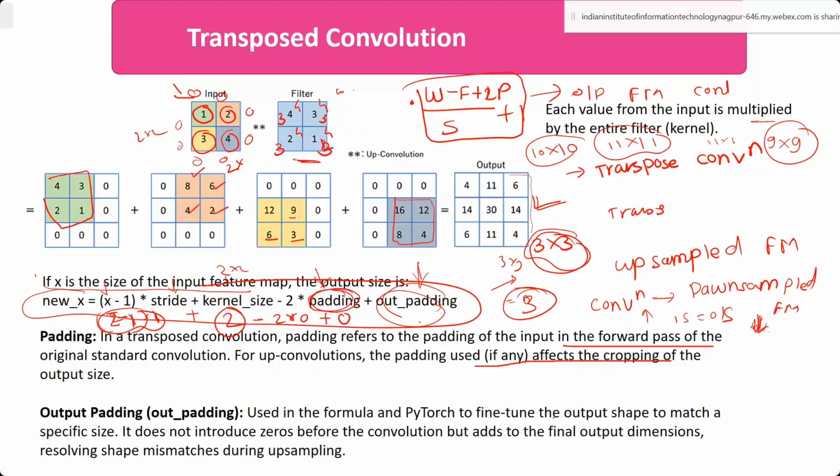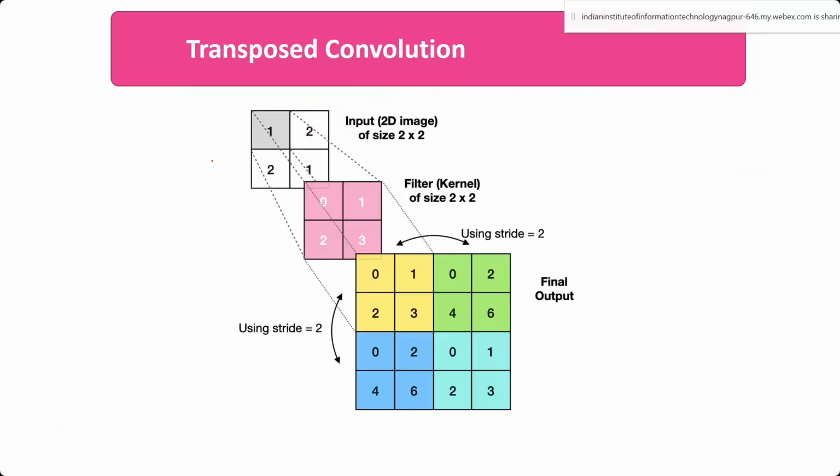Output padding is to fine tune the output shape. So instead of 11 by 11, I want to use 9 by 9 to match the specific size. It does not introduce zeros before the convolution, but adds to the final output dimensions. So if I want to consider it as 15 by 15, then I will add zeros to that dimension. So this is how you are doing the transpose convolution.